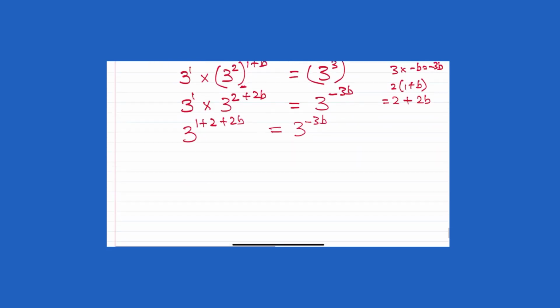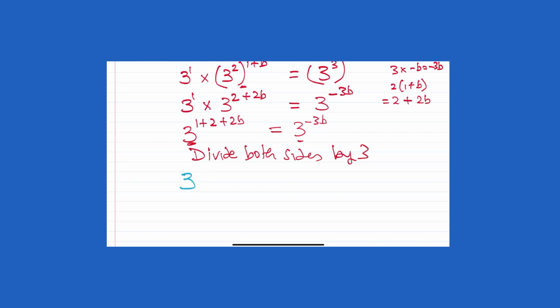So for us to solve this further now, you see what is on the left hand side. We have a common value in 3. So we can say divide both sides by 3. With that, we can come in here and write them appropriately. 1 plus 2, oh, I can solve this one.